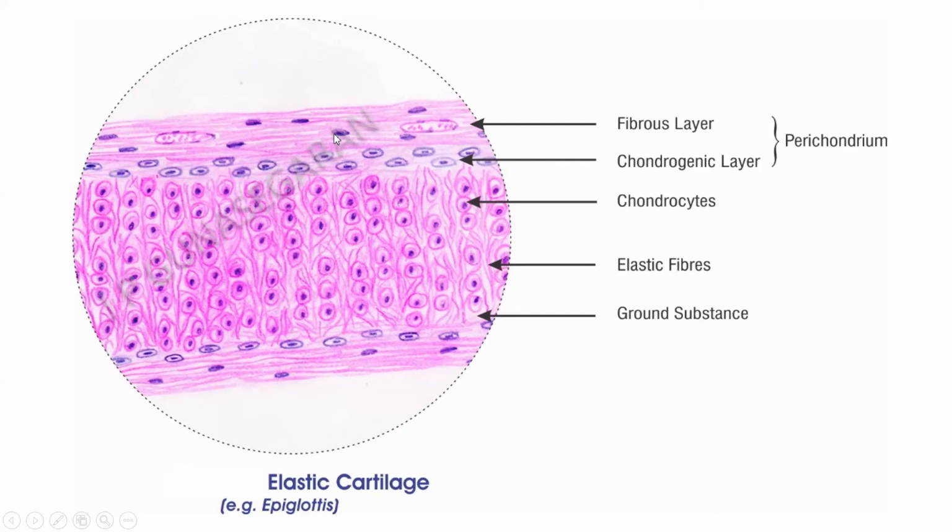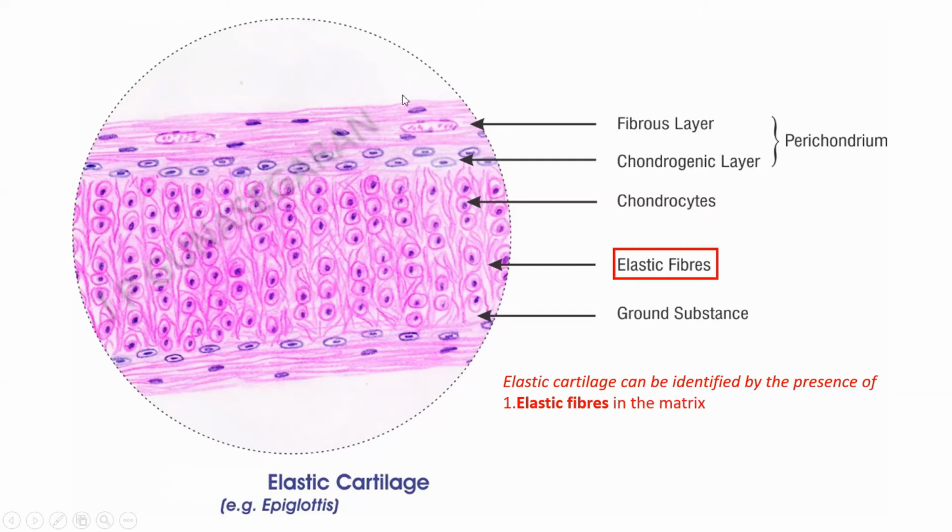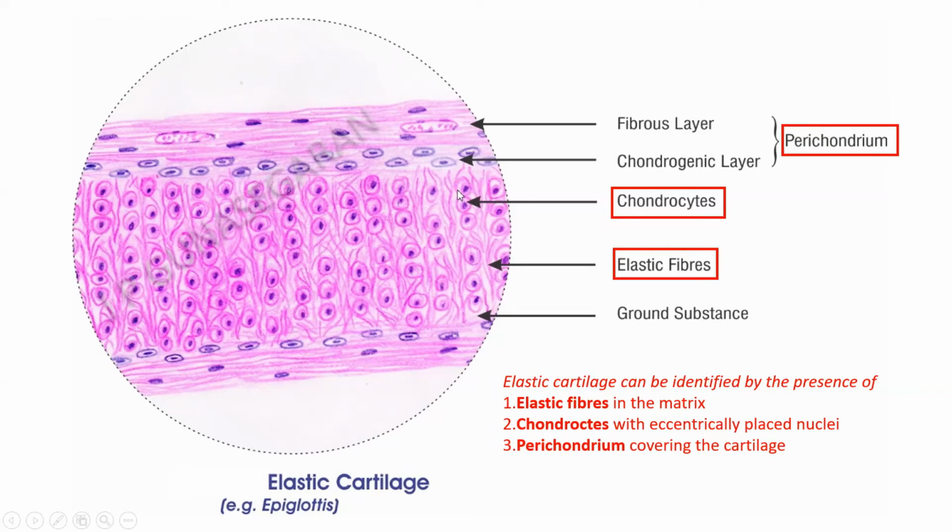This is an H&E drawing of elastic cartilage, which can be identified by the presence of elastic fibers in the matrix, chondrocytes with eccentrically placed nuclei, and perichondrium at the periphery having two layers, outer fibrous and inner chondrogenic layer.